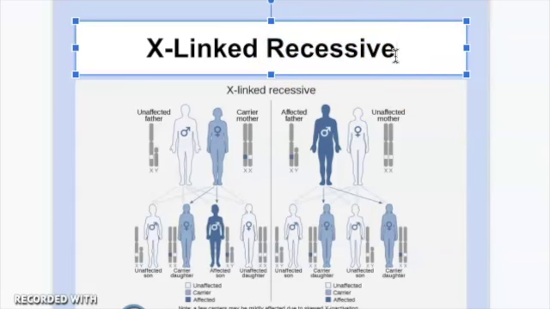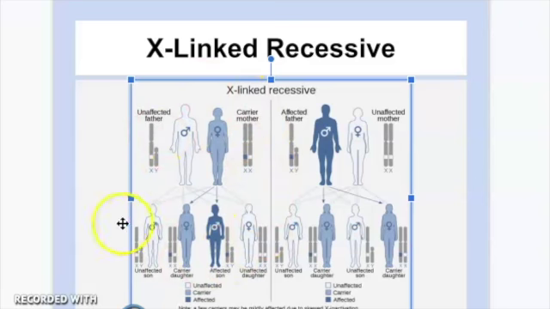So if we were to just focus on this left-hand side here, we have a carrier mother and an unaffected father. So the unaffected father does not have the disorder. And to put a name to this disorder, we could use something like colorblindness, because that is X-linked recessive.